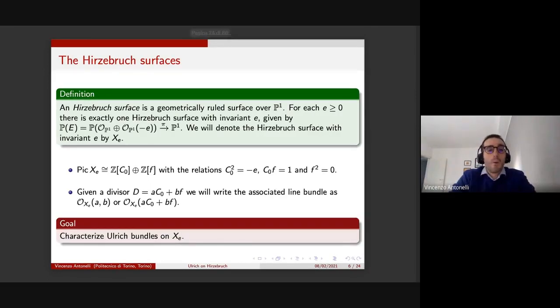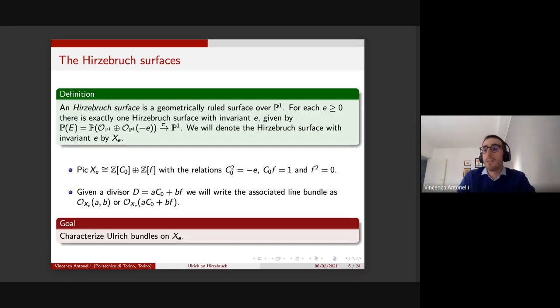So what is our goal? Our goal is to characterize Ulrich bundles on XE. Why characterize? Well, a standard approach in the study of Ulrich bundles is to find the answer to the question that I raised before: whether a projective variety supports Ulrich bundles.